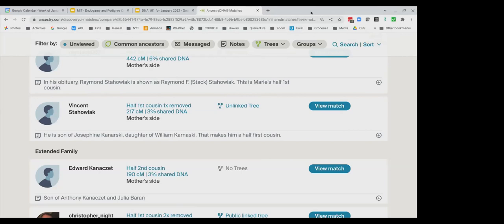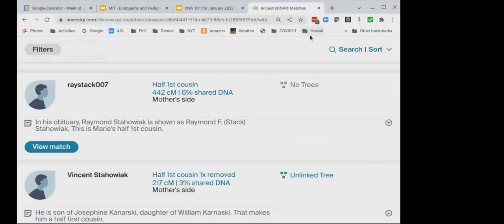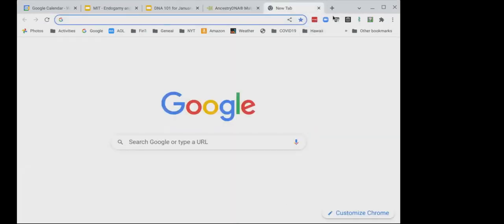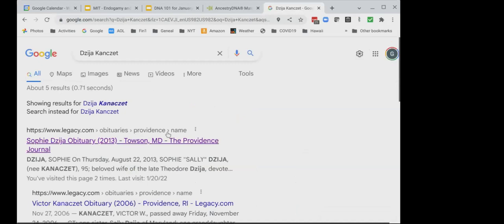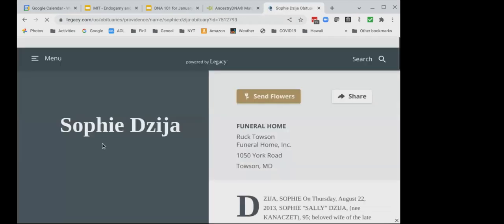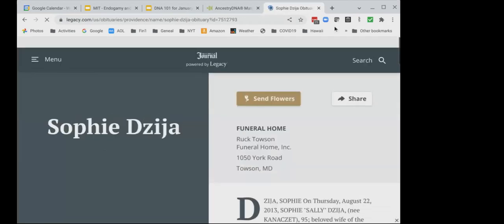We're going to Google, and we're going to look at Zija and Kanaset. That's one of the two names. And we find Sophie Zija's obituary. So you see what I'm doing to trace this family down?